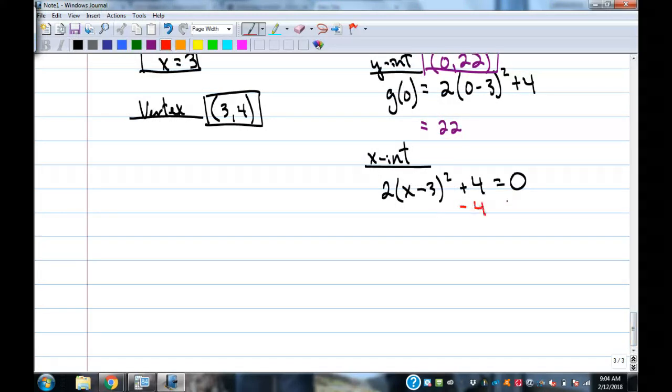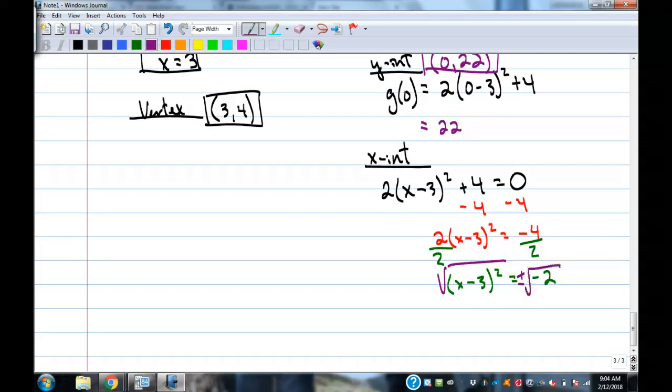So I'd subtract 4, and I would divide by 2, and then take the square root of each side. That gets me x minus 3 equals plus or minus i radical 2.